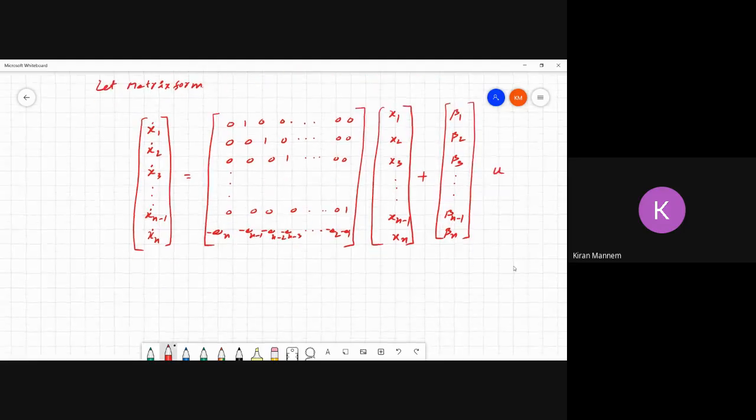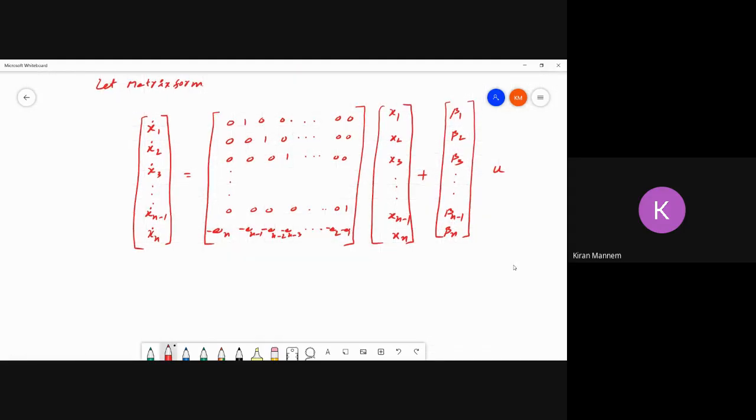Now what about the output equation? We know the output equation. Your y of t would be again 1, 0, 0, 0, all zeros here, and you multiply with your state variables x1, x2, x3, xn minus 1, xn. So what is the additional term here?